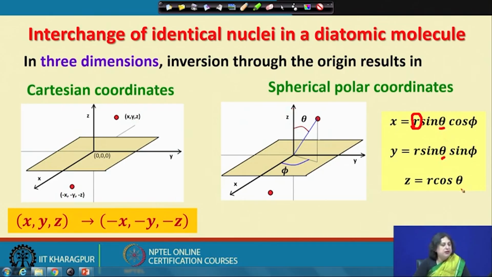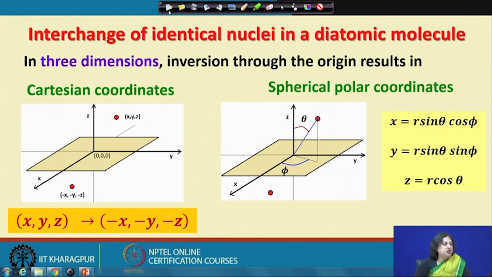So, this is where it appears in the relationship between x, y, z and r, theta, phi. There is another coordinate: if you take a projection of this vector on the x y plane and then find out the angle made by this particular line, which is the projection of this r vector on the x y plane, that is phi. Phi also appears in the relationship between the two sets of coordinate systems, but z is independent of phi.